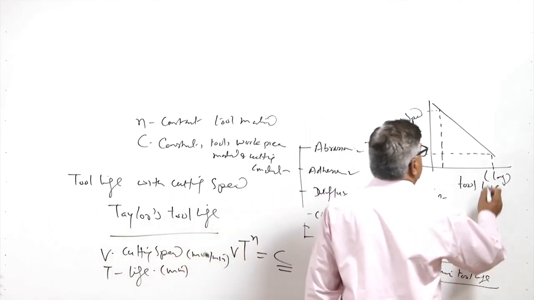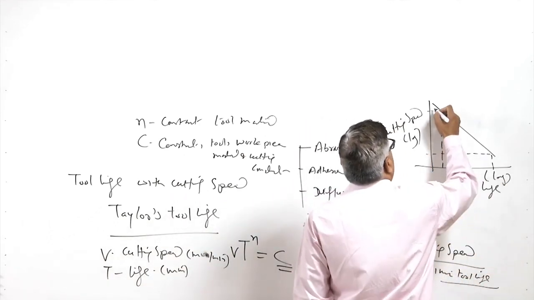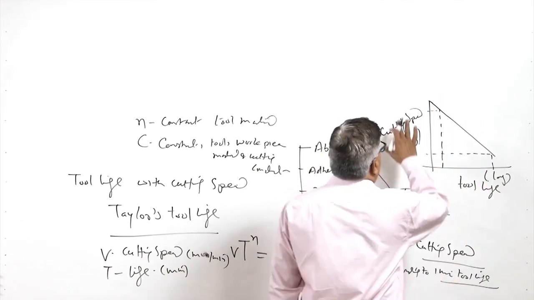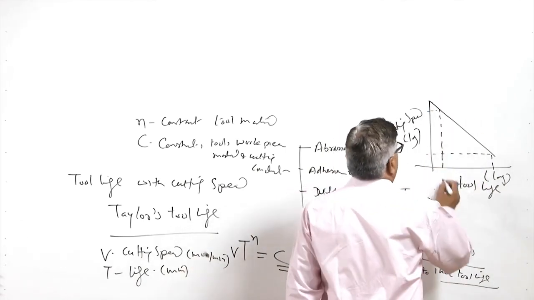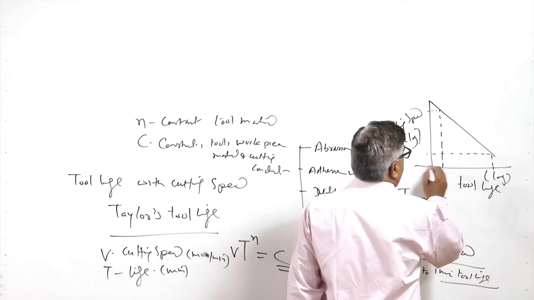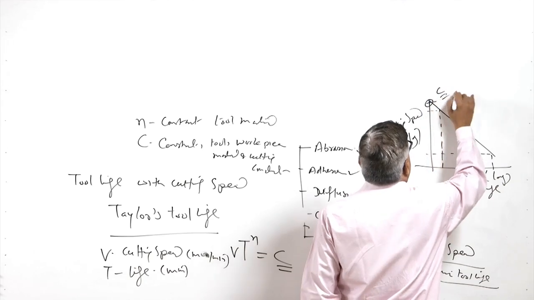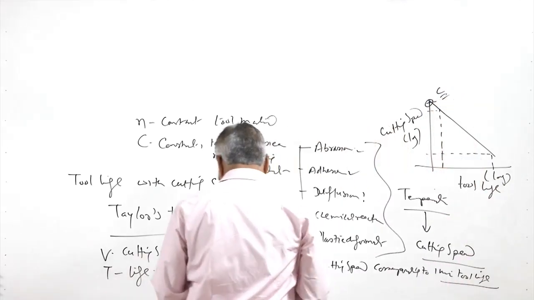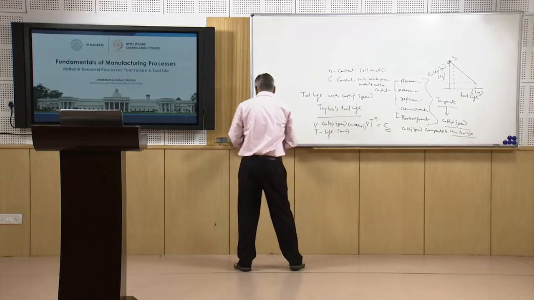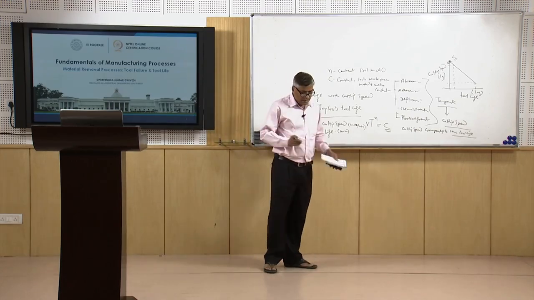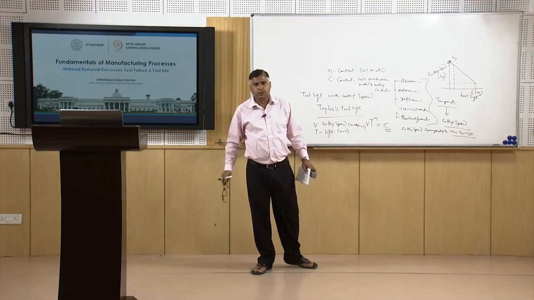This is simply obtained by extrapolation of the cutting speed tool life curve. Where it cuts corresponding to the 1 minute tool life, that speed gives us the value of C. So, this is one of the very commonly used relationships for expressing the effect of the cutting speed on the tool life.